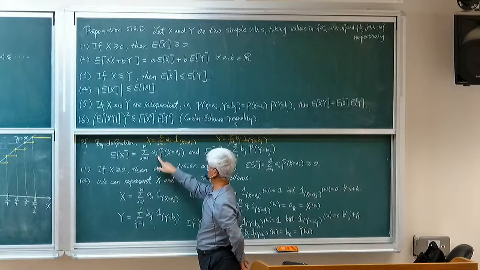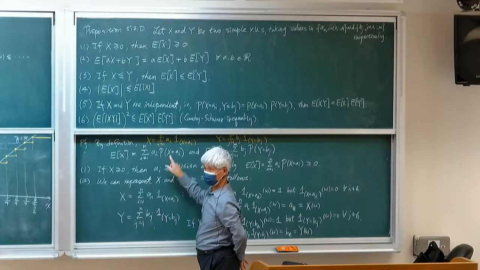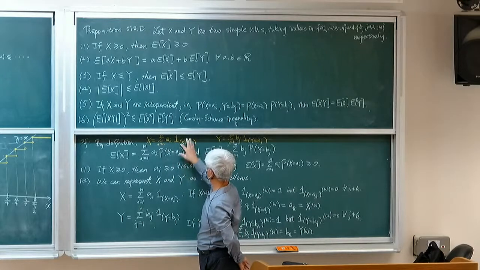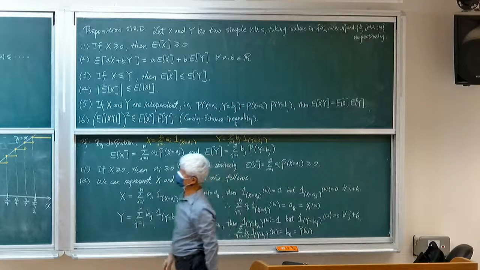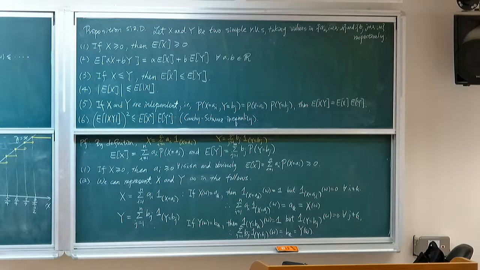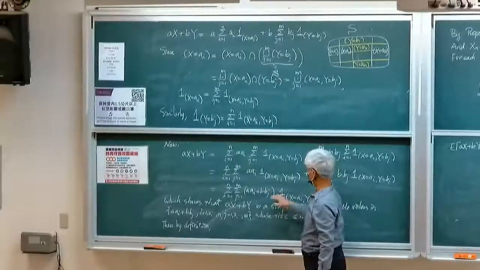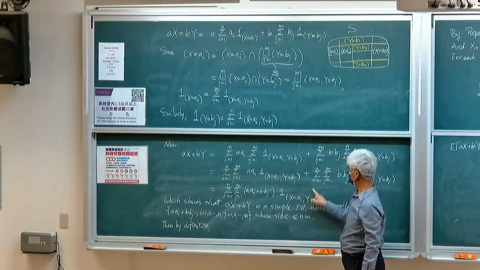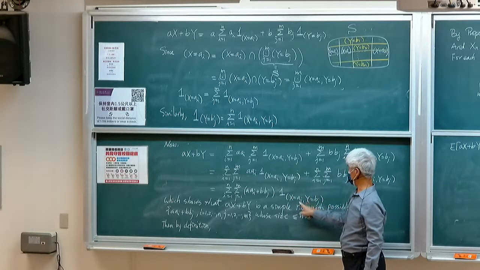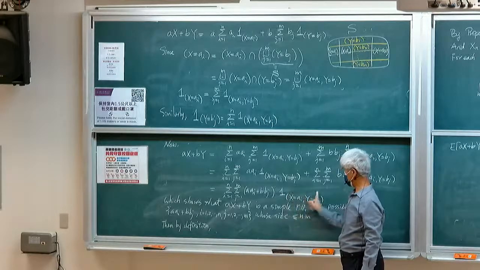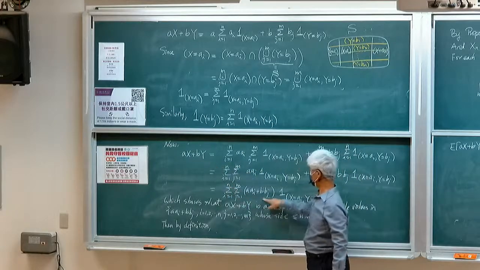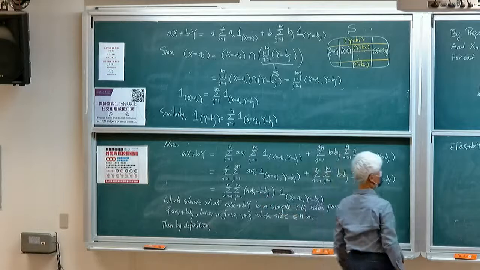The value is ai, but the random variable takes this value with this probability. So this corresponds to the probability of this event. Similarly, for all outcomes in this event, with this pair of values, the value of this linear combination is this sum.